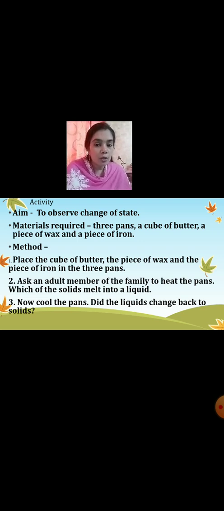So now we are going to heat this. First we had taken the butter and heated. Butter is in a solid state, and what happens when we heat it? It melts. That is, solid is changed into liquid.